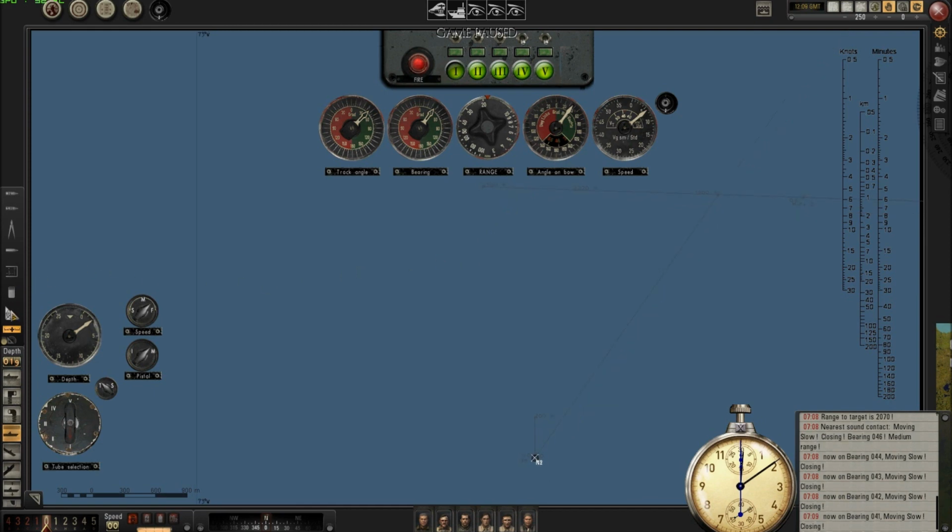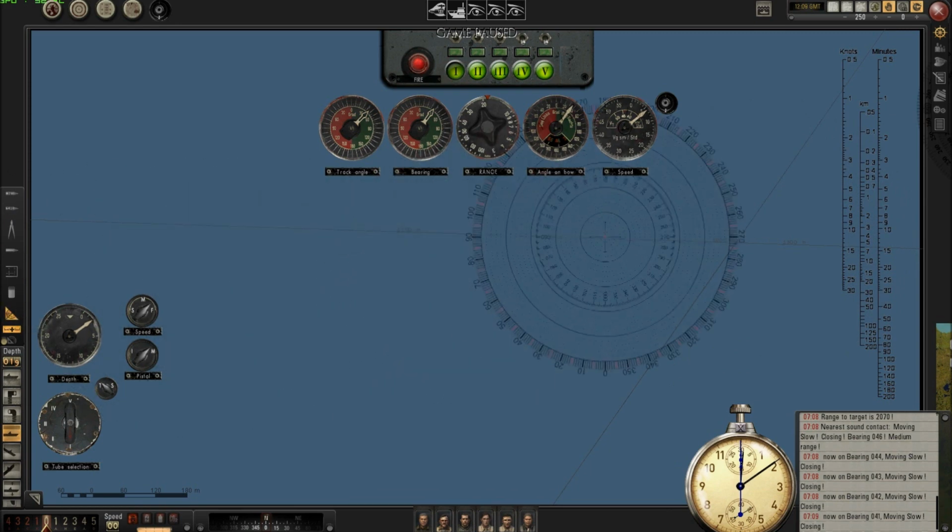And now I need the angle on bow to put in the manual TDC. For this I take the protractor and I draw a line, an angle. So I put here on the course of the ship until here. No, excuse me, it's not this one.